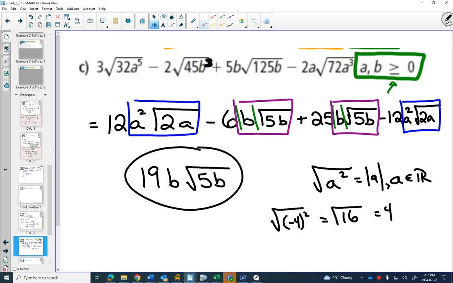But if I just canceled out the square and the square root, which is what you're tempted to do here and just write a, then my answer would equal negative 4, which isn't right unless I put absolute value bars around it, making it positive 4. So the reason we have those absolute values is because when we square root something, the answer should be positive.